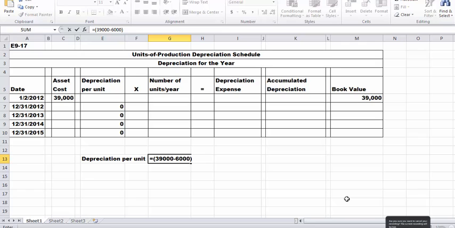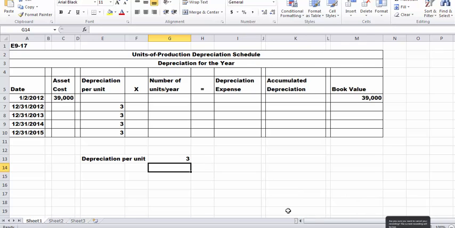So in other words, you take the depreciable cost of the asset, and we're going to divide it by the estimated useful life of the asset expressed in jobs, so divided by the 11,000. That gives us a $3 depreciation per unit cost.